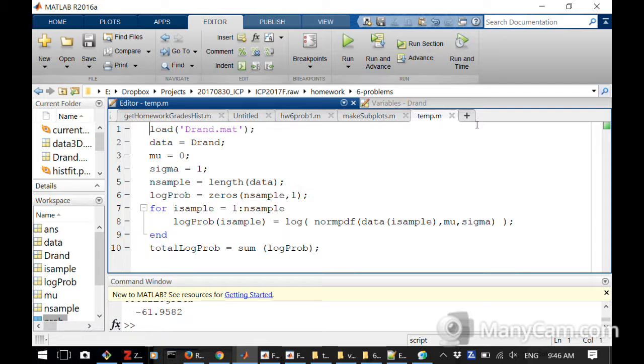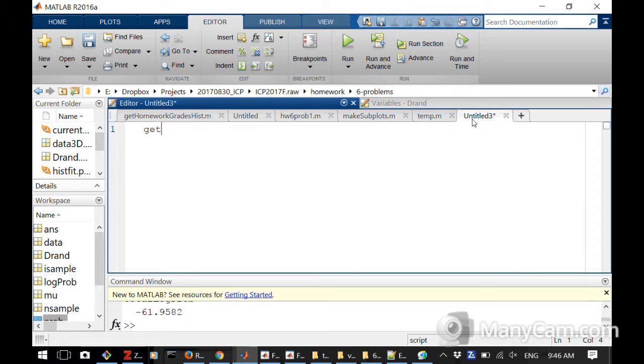So I define a new function, get total log prob. Function equals total log prob equals get total log prob.